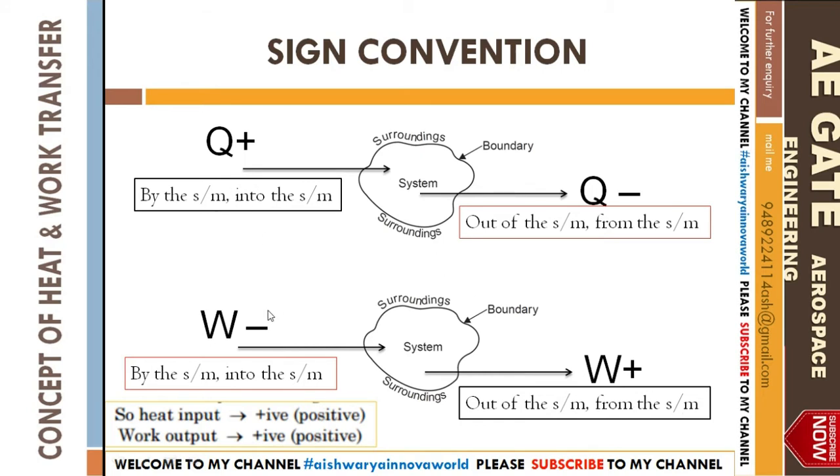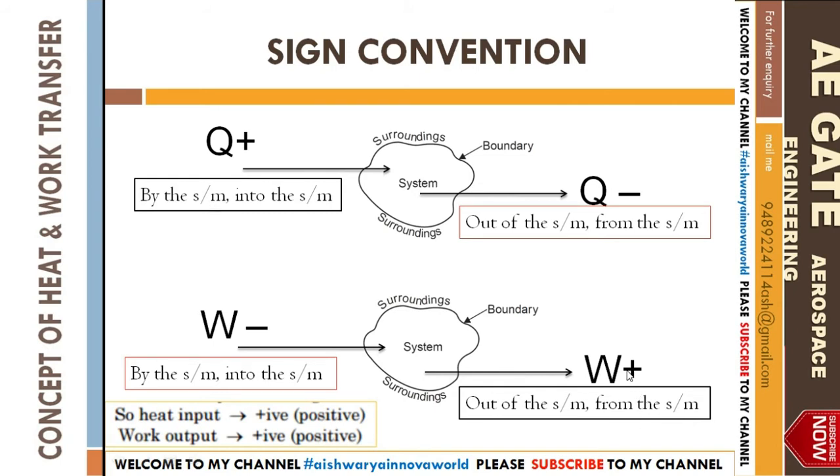When work is done into the system, we give negative, or we can say work out of the system, work done by the system, is always positive. You better remember this. For better understanding, remember it like this: heat to the system is positive, and work from the system is positive.